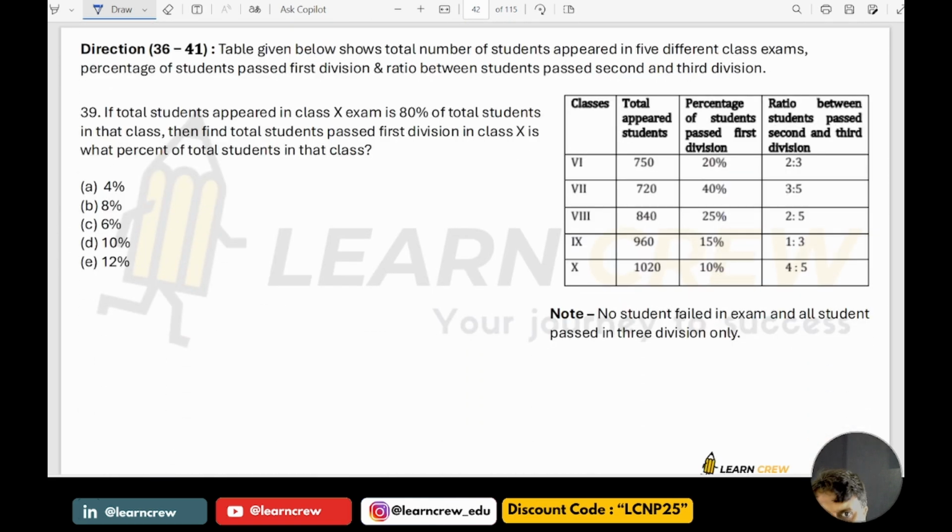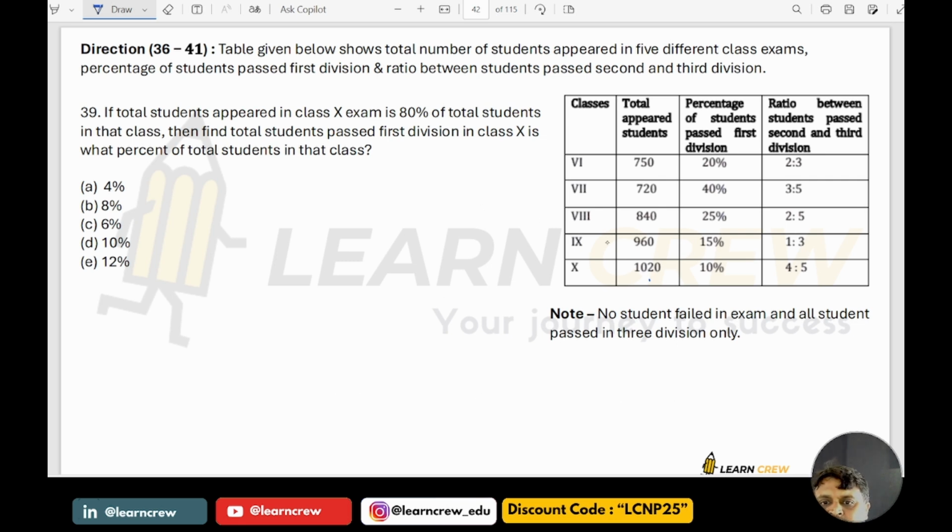Now next question number 39. If the total number of students appeared in the class 10 exam is 80%, appeared is 80% of total students in the class. Then find the total students passed in first division in class 10 is what percentage of total students in the class.